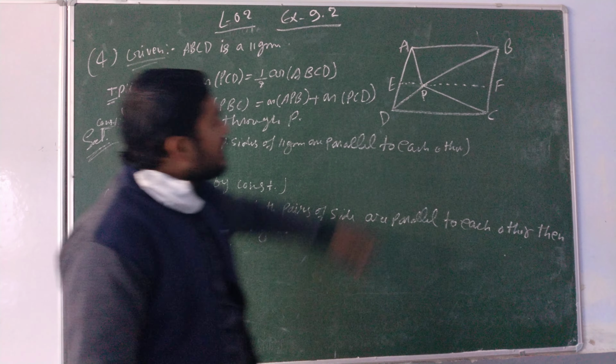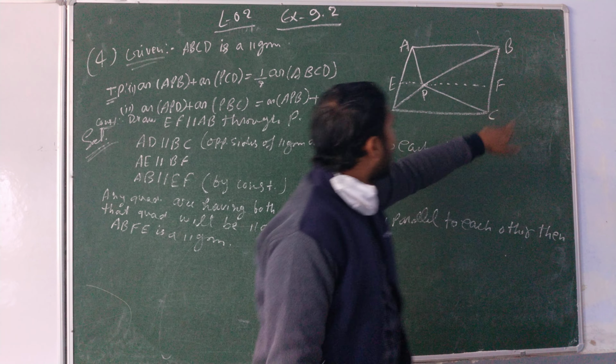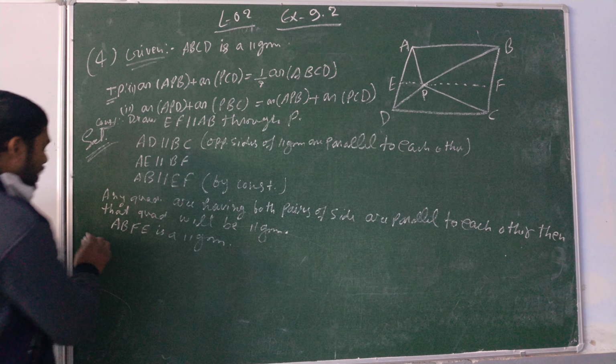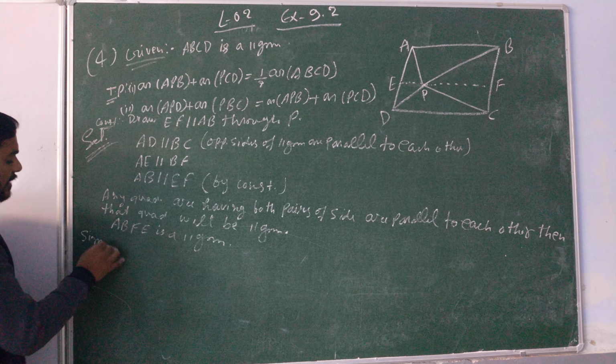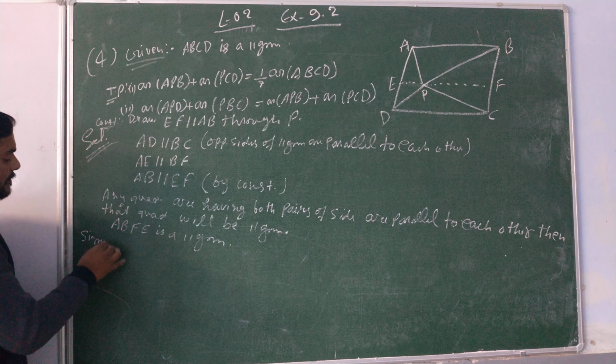Similarly, we can say that the lower part EFCD is also a parallelogram. Now from here we can say that the triangle ABP and the parallelogram ABFE are on the same base AB.